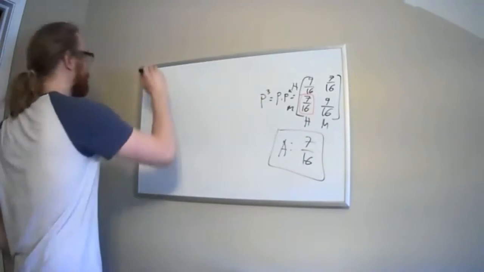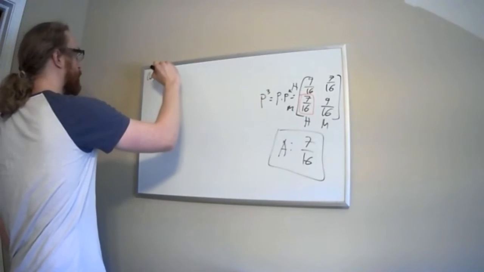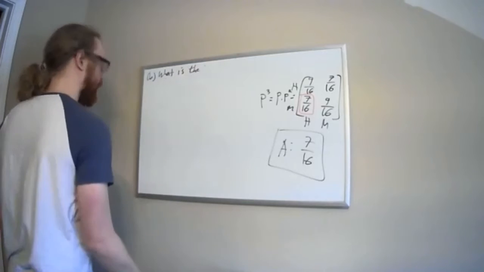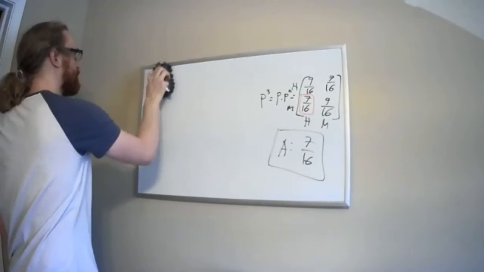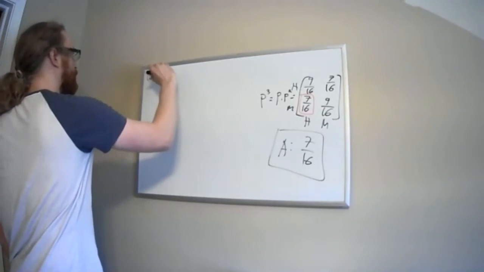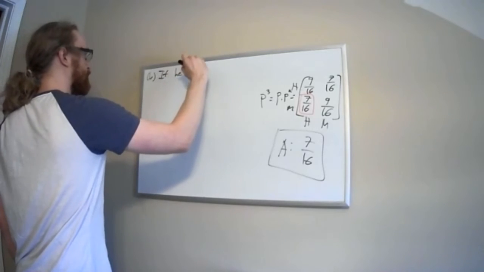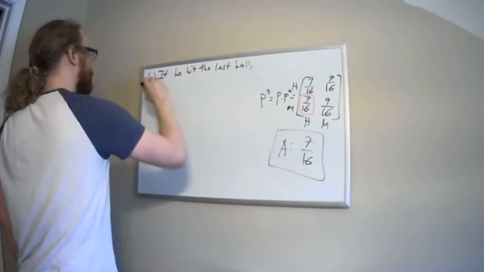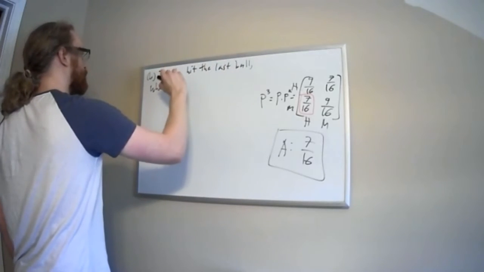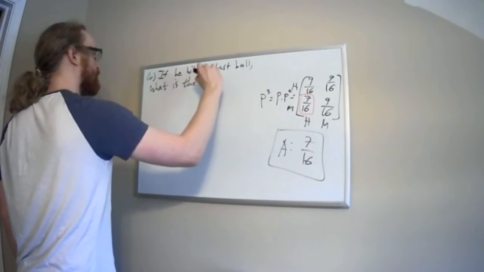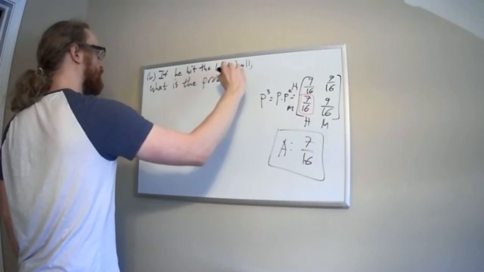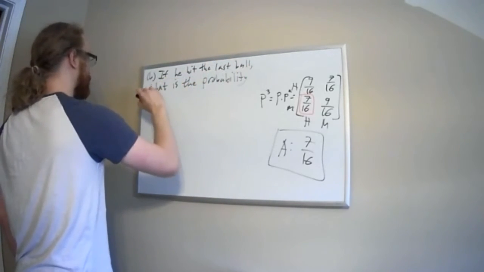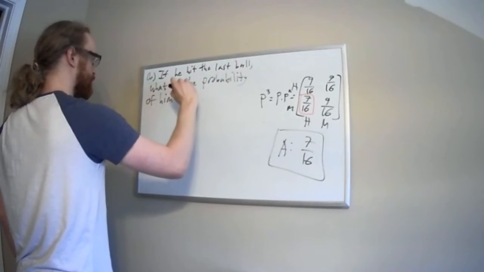So here's another question I could ask. I want to phrase it this way. If he hit the last ball, what is the probability of him hitting the next three balls?